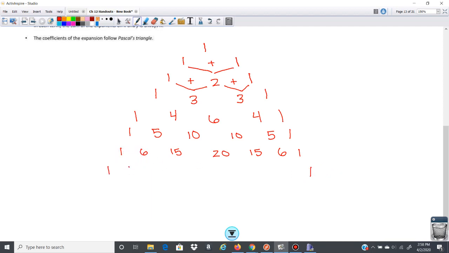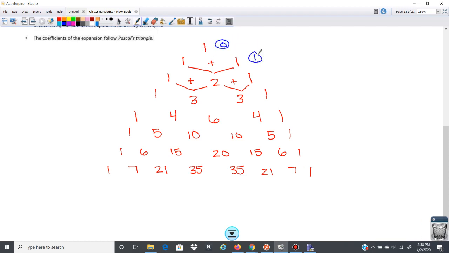1 plus 6 gives us 7. 6 plus 15, 21. 15 plus 20, 35. 20 plus 15, 35. 15 plus 6, 21. 6 plus 1, 7. Okay, then your rows of the triangle, this is row 0.